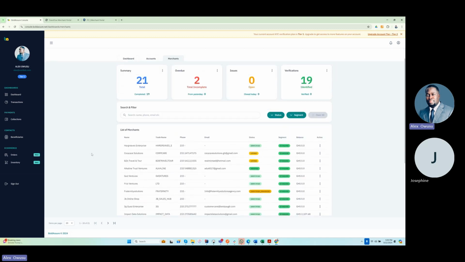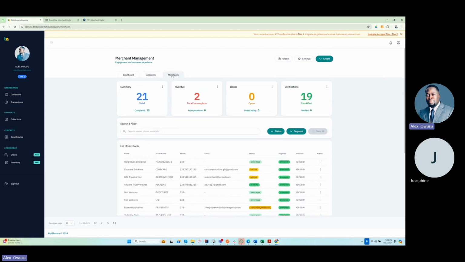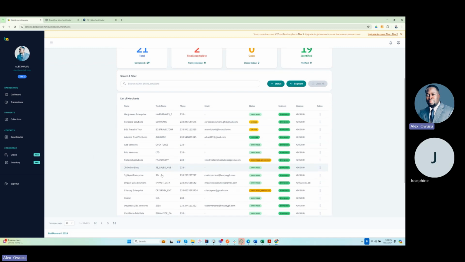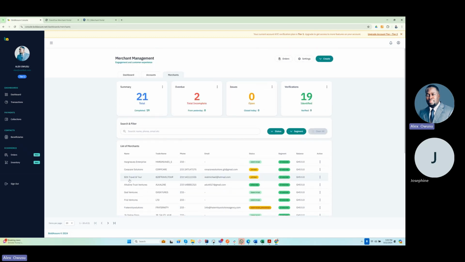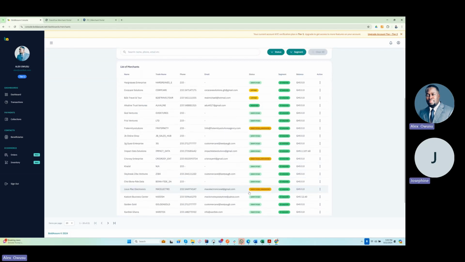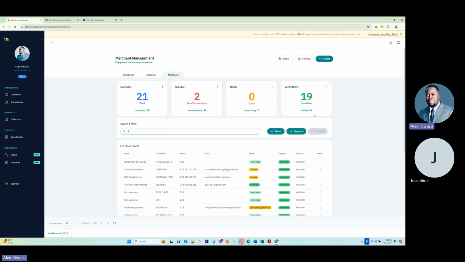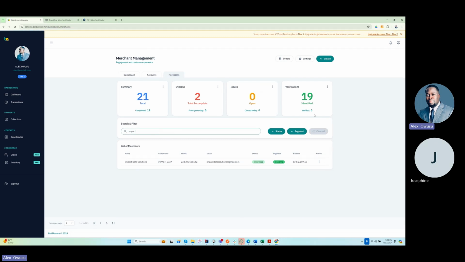So if we look at the merchant list, this lists all merchants. But in the future, we would want to make it possible to refine it, so that when you come in, you see all merchants working today, doing activities today, so that you don't have to chase around. But again, we have one of the few merchants who have started using it, and since Monday to now, this is how much we have to pay him.